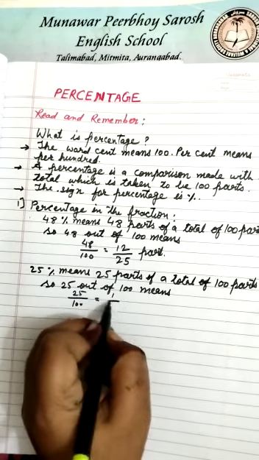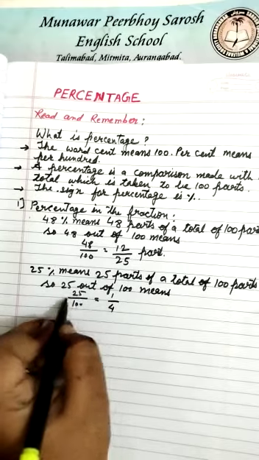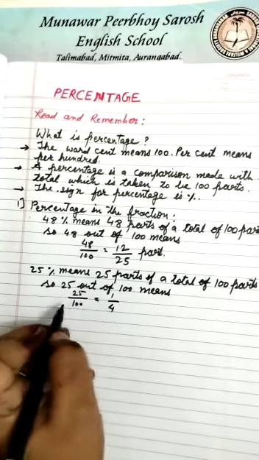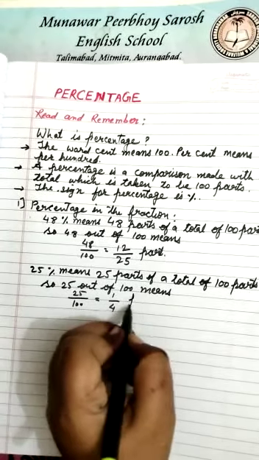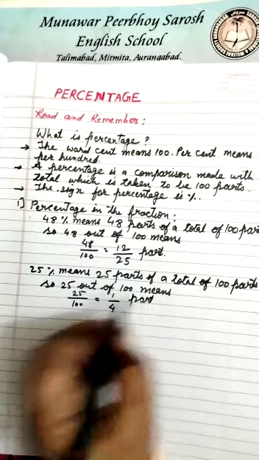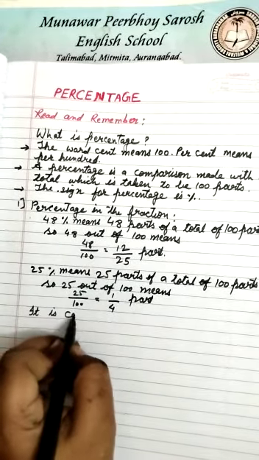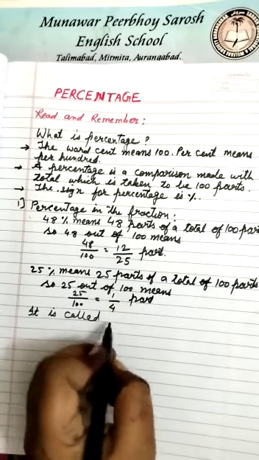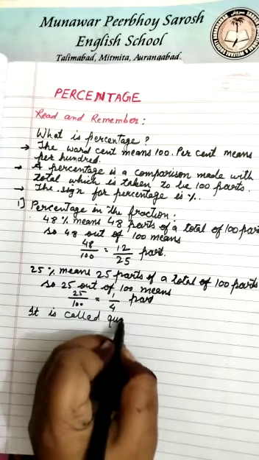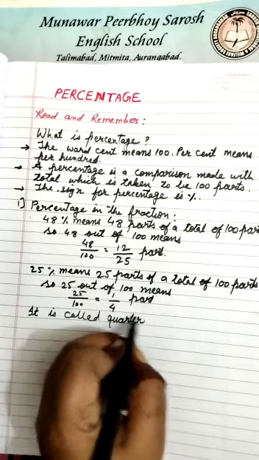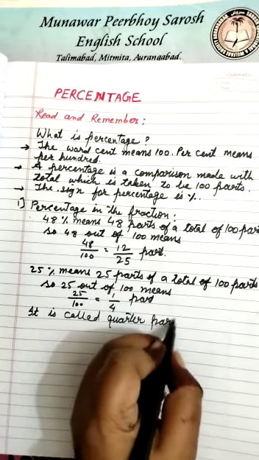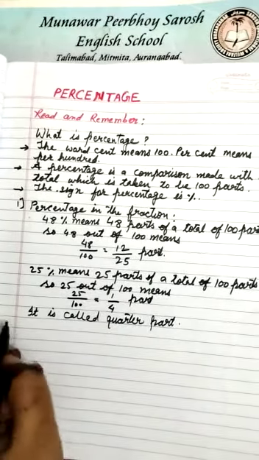The answer is 1 by 4. 25 is one part of the 100 part. It is called quarter part.